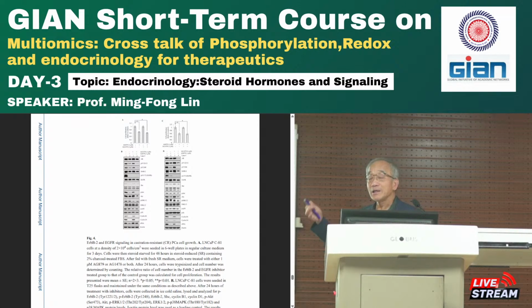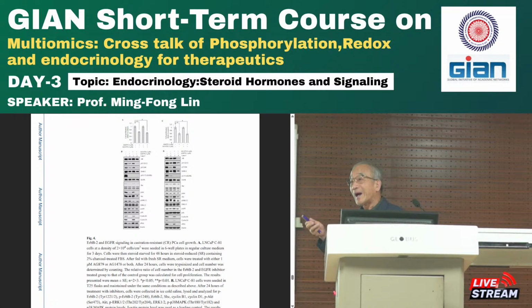So it shows that even though EGFR can interact with ERB2 or form a heterodimer, ERB2 is the primary molecule responsible for cell growth. The last line is the combination of the two, and we got the same inhibition as the ERB2 inhibitor alone.